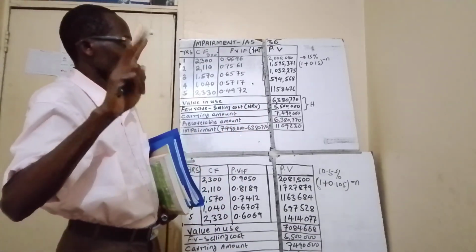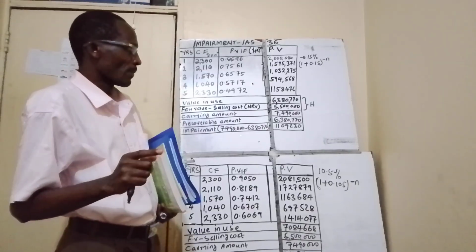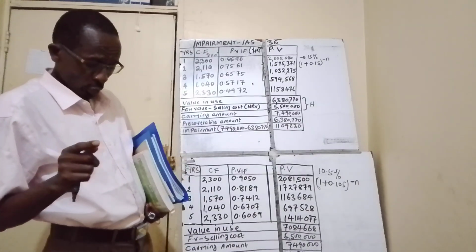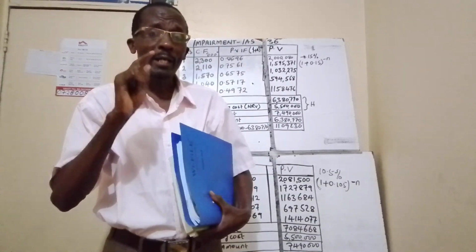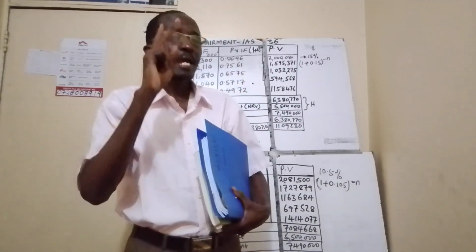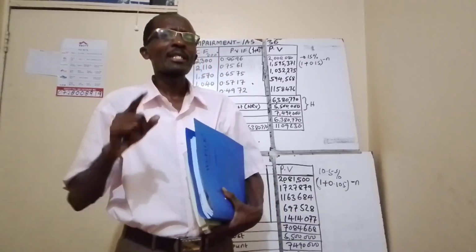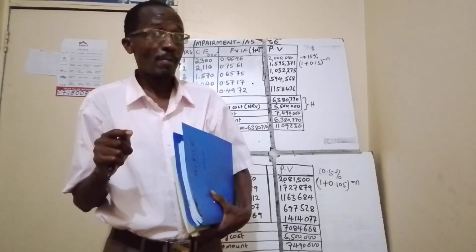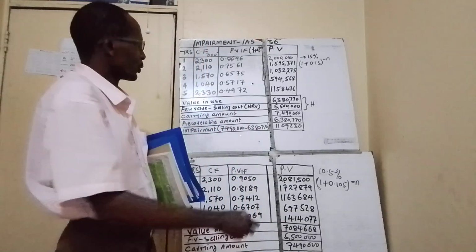Compare those two figures. The higher gives you the recoverable amount. Therefore, for you to establish whether impairment has taken place, you compare the recoverable amount and the carrying amount. If the carrying amount is more than the recoverable amount, then that asset has been impaired, as we will discuss in a while.